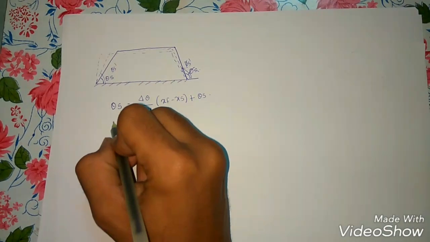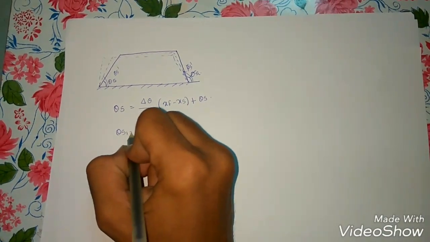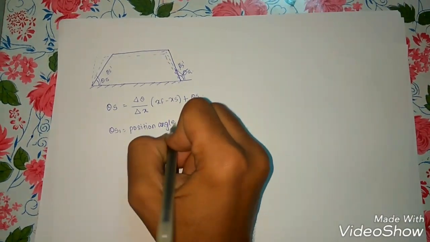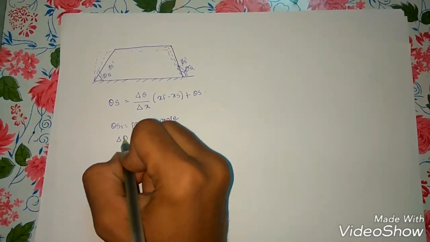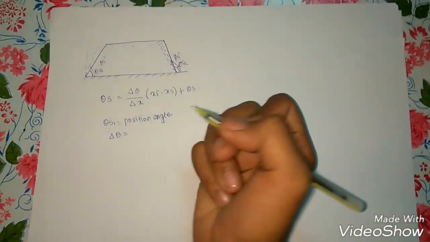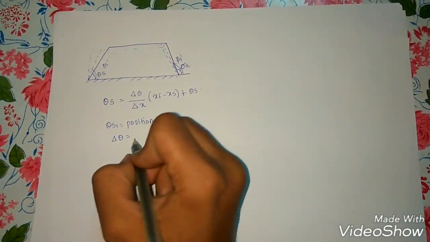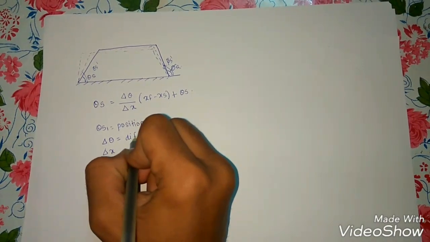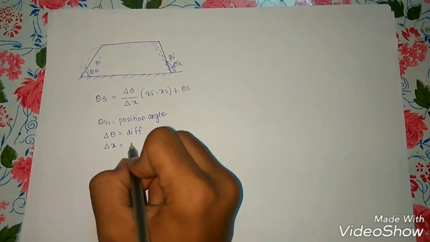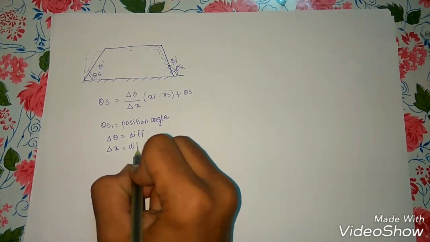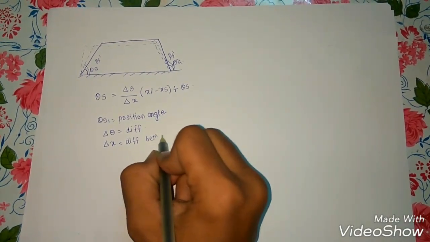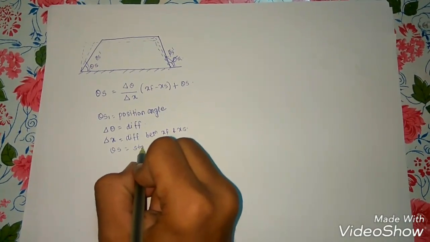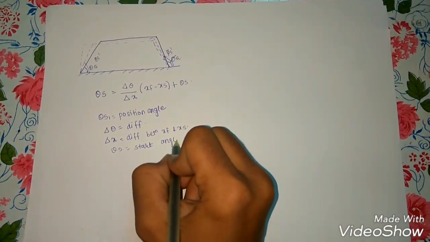So the terms included are: theta s1 will be the position angle, del theta will be the difference between the start and the finish angle, which will be provided in the question. Del x will be the difference between start and finish position, and theta s will be the starting angle of the mechanism.